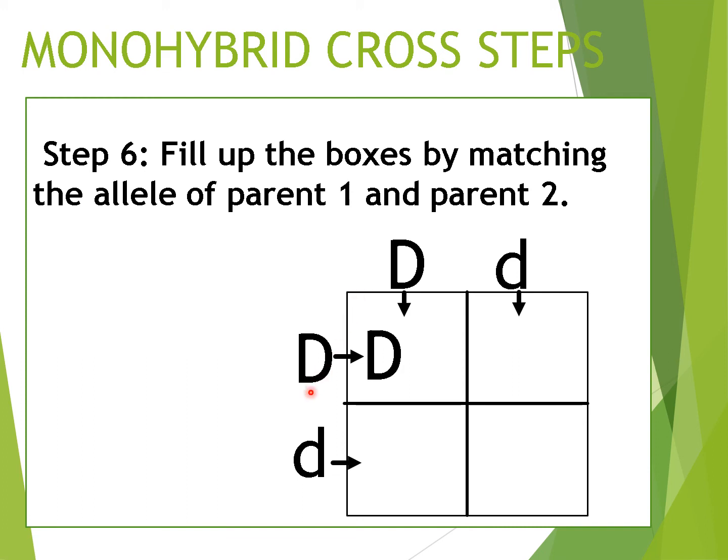So we have the allele of parent 1 combined with the allele of parent 2. The same goes with the other boxes. Take note that in writing the genotype, always write the dominant allele first before the recessive allele.